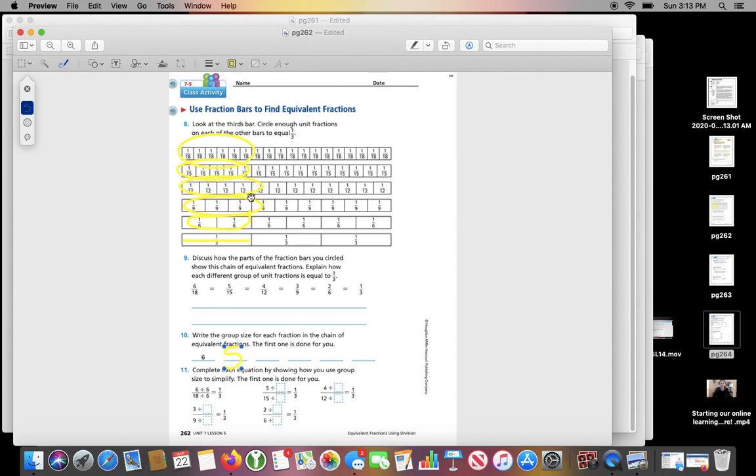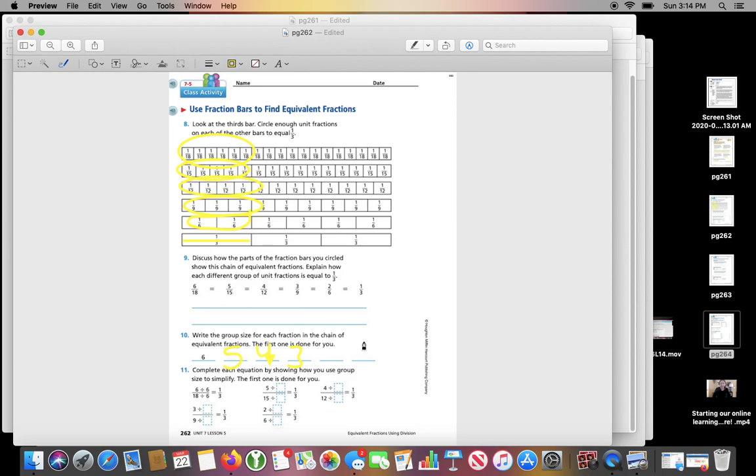What's the group size for 12ths? There are 4 12ths. What's the group size for ninths? There are 3 ninths. And I think you can start to see a pattern. 6, 5, 4, 3. How many sixths are there and how many thirds are there?